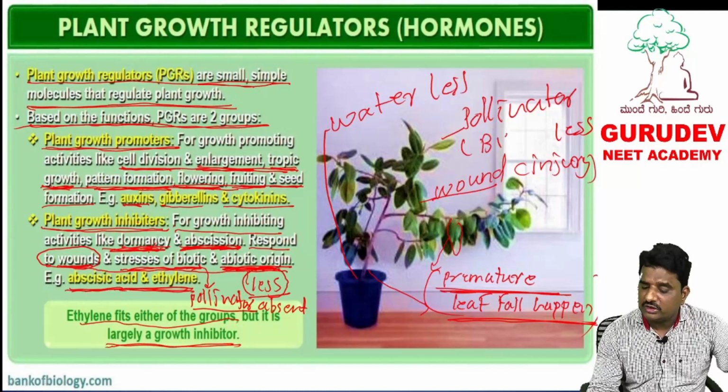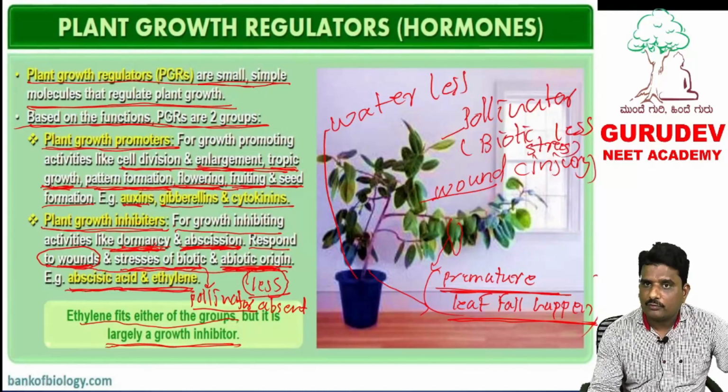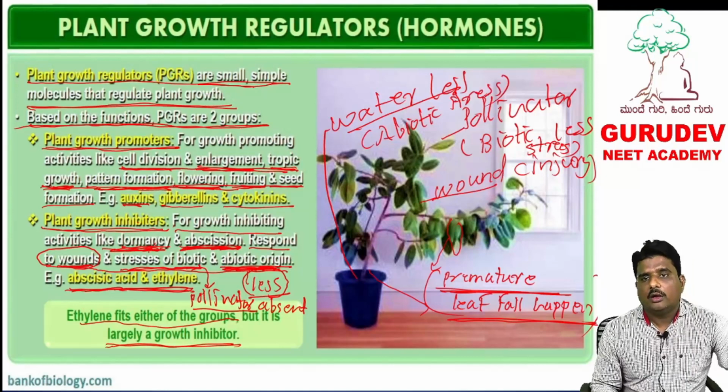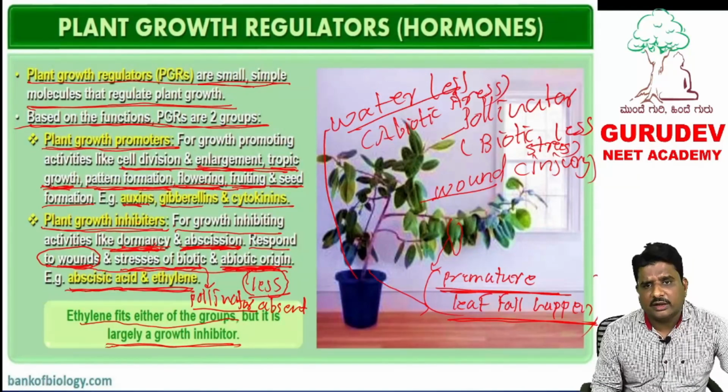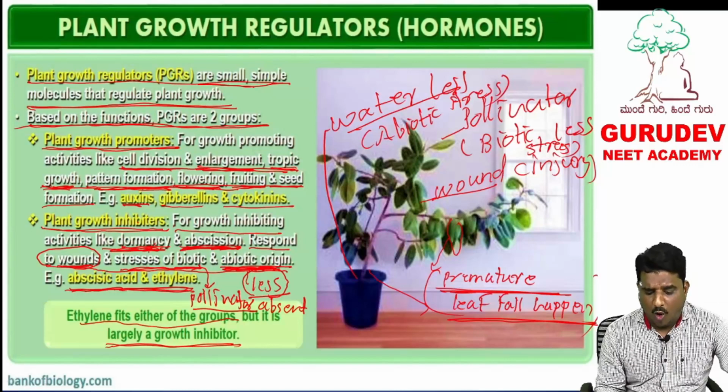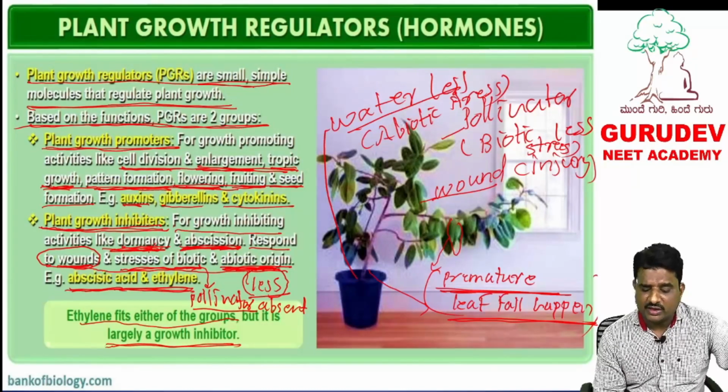And lack of water means abiotic stress. If such things are there, then remember, plant growth inhibitors are produced.